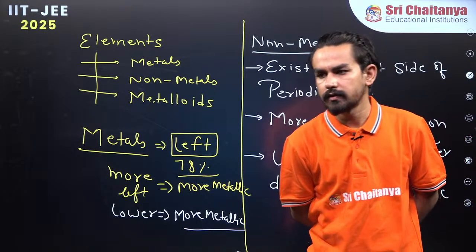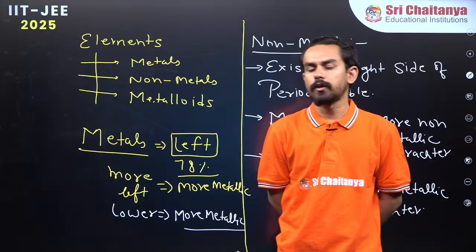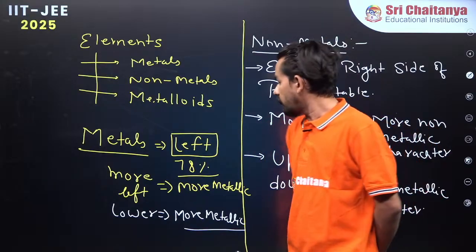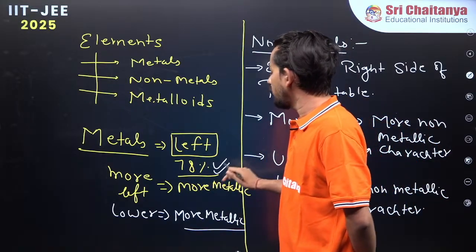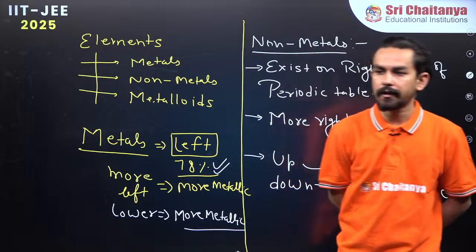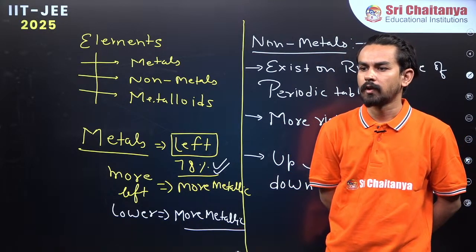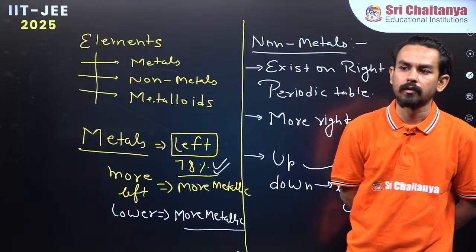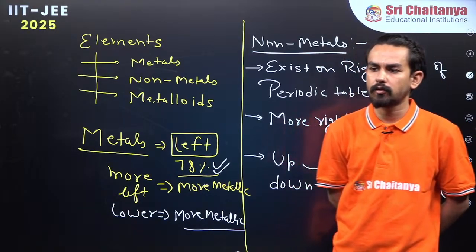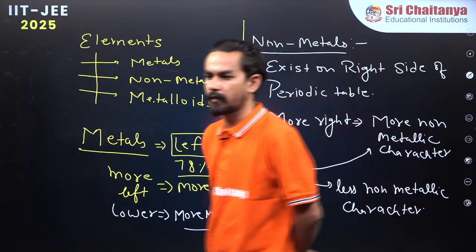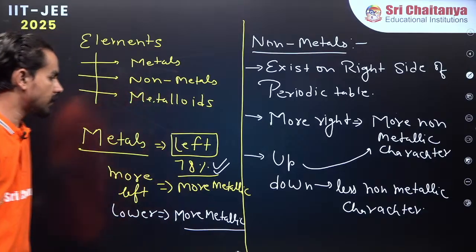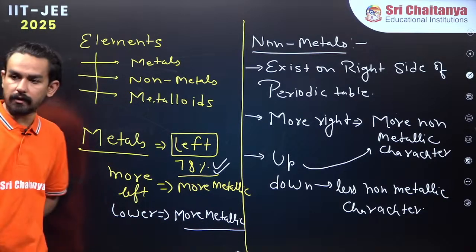In the middle also, as I told you, metals exist. 78% of them are metal only. Which group? We cannot say exactly which group. Noble gases, as the name suggests, gas is not a metal.